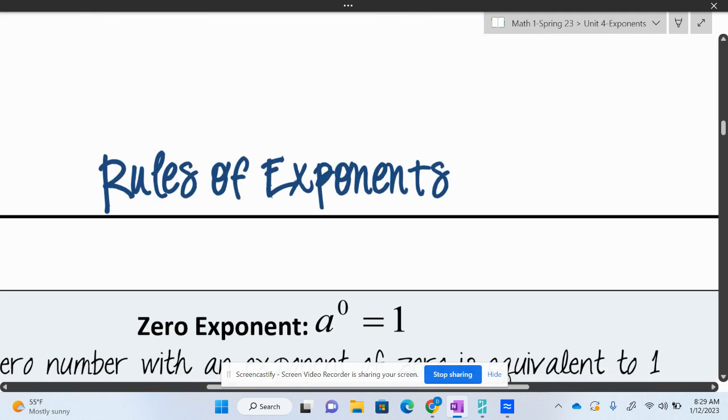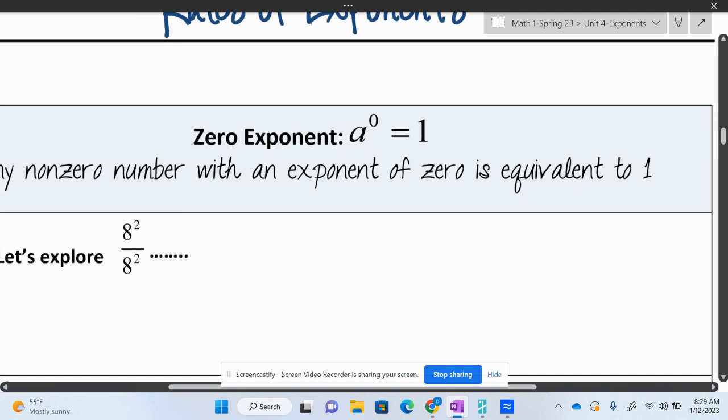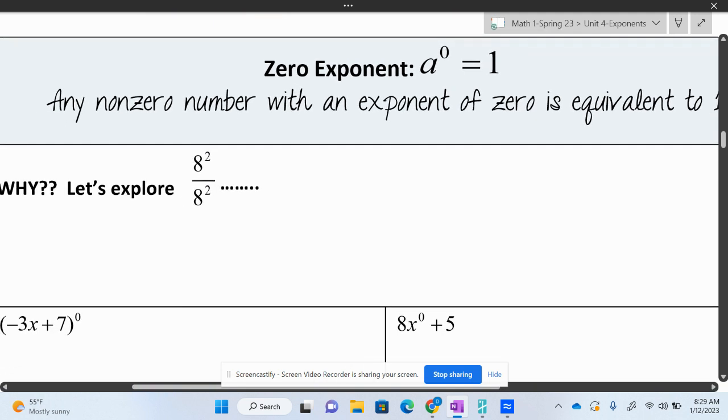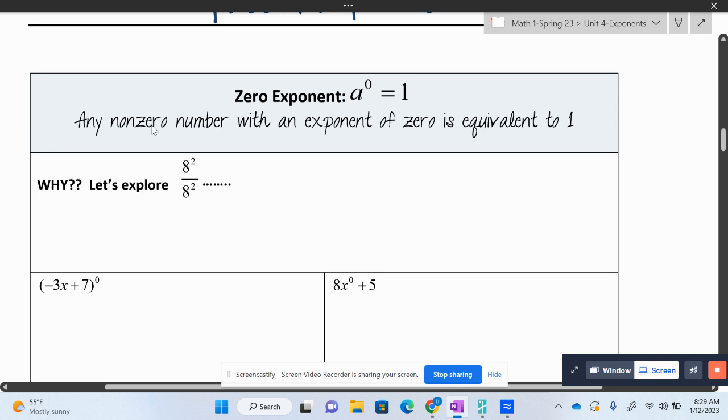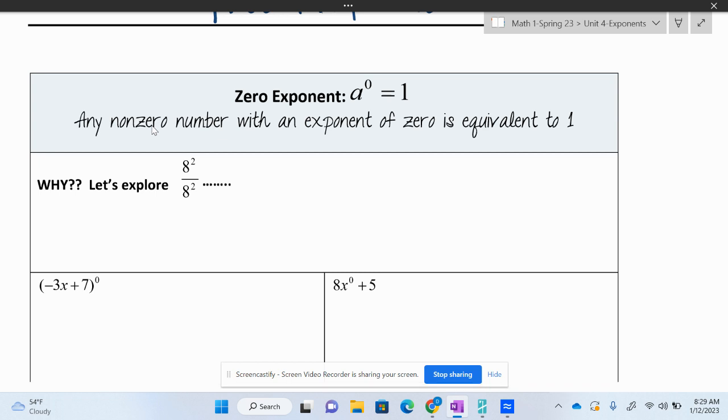All right. So we're going to talk about 0 power. Any non-zero number, so any number that is not 0, like 1, 2, 3, 4, 5, 1/2, 1/8, 2/7, -11, -12, any number to the power of 0, and that means any variable as well, is going to be 1. And let's talk about why.